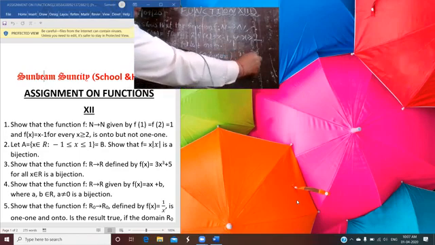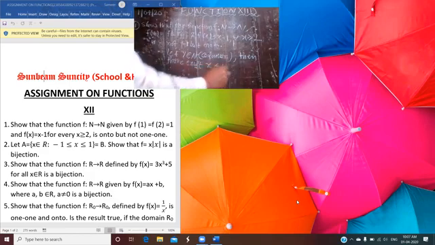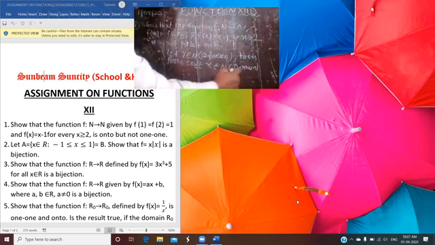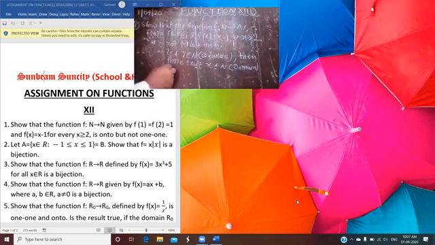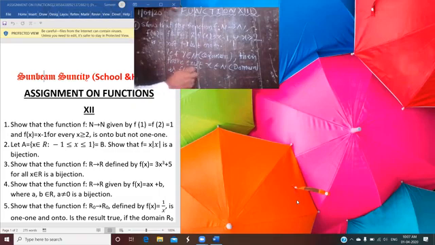Then there exists x belongs to n, and that n is in domain, such that y is equal to f(x).